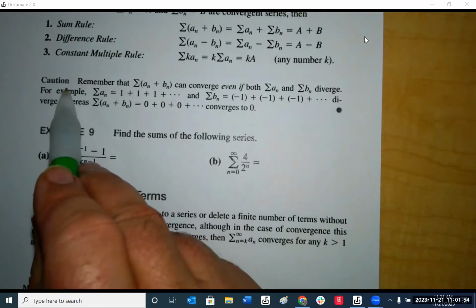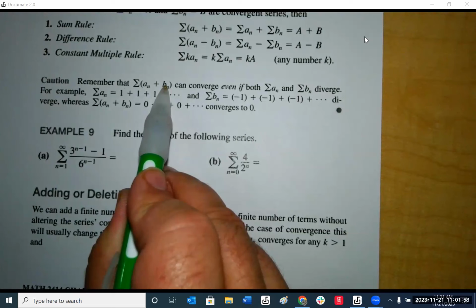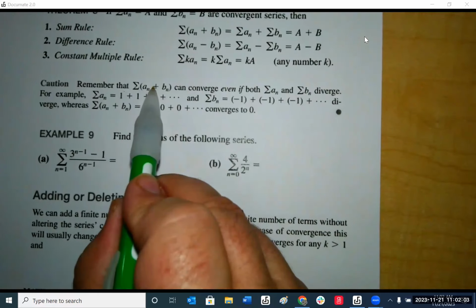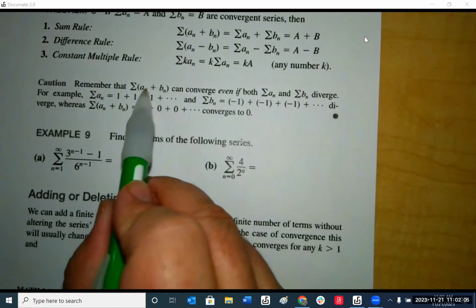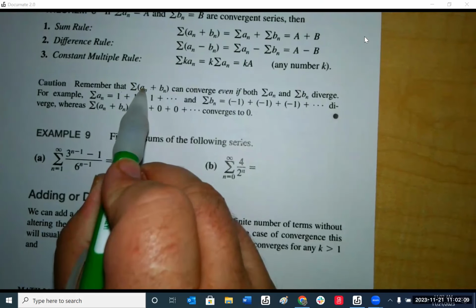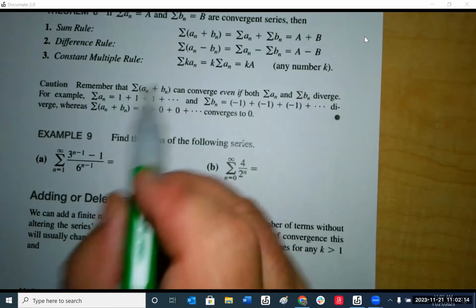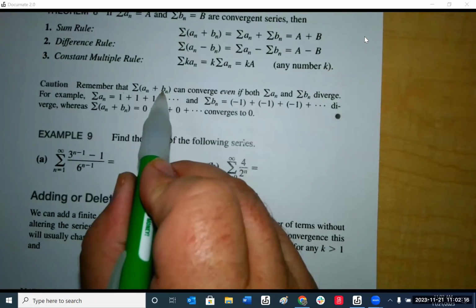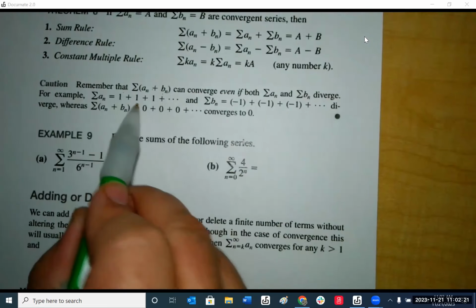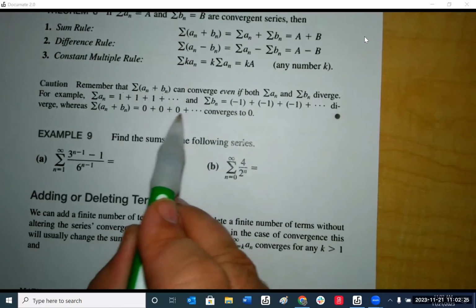Okay, this is also an important comment. The summations of a and b are both convergent. But what if they were both divergent? In other words, if summation of a is 1 plus 1 plus 1 plus 1 and goes to infinity, and summation of b is negative 1 plus negative 1 minus 1 and goes to negative infinity. Together, all the positive ones and negative ones cancel out, so we get 0, 0, 0.